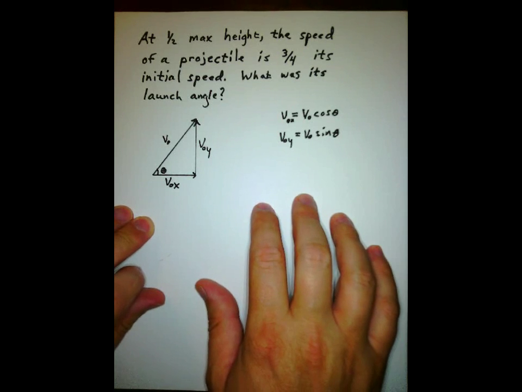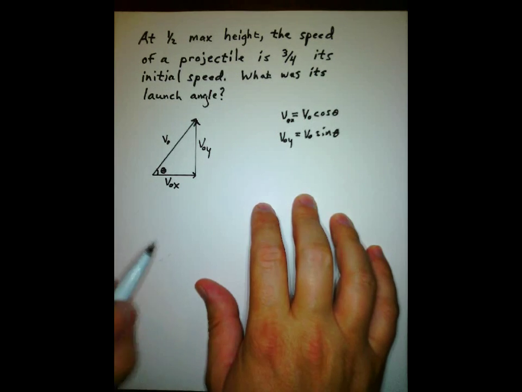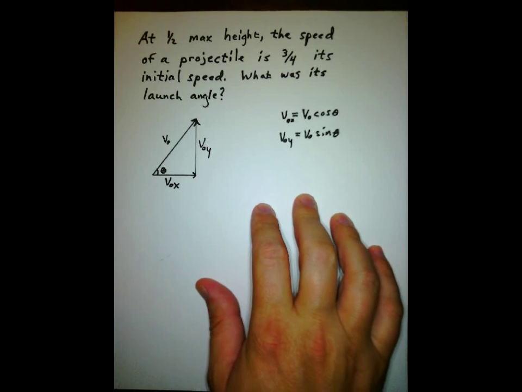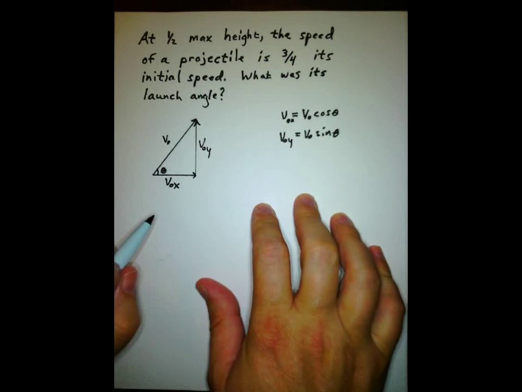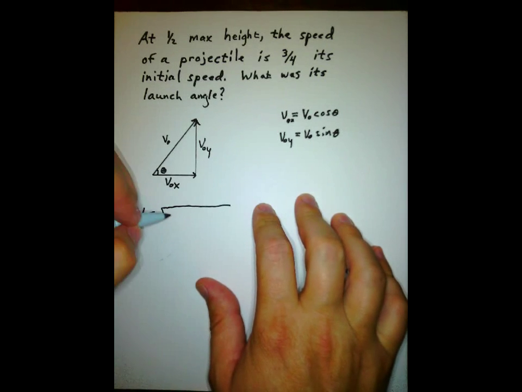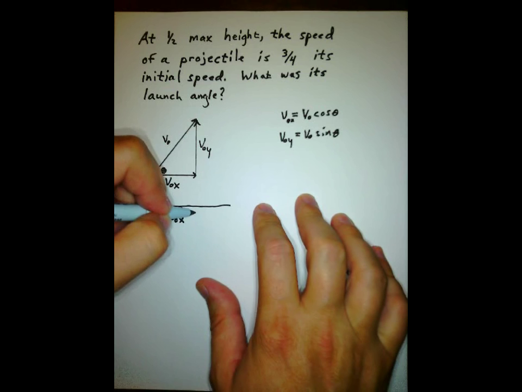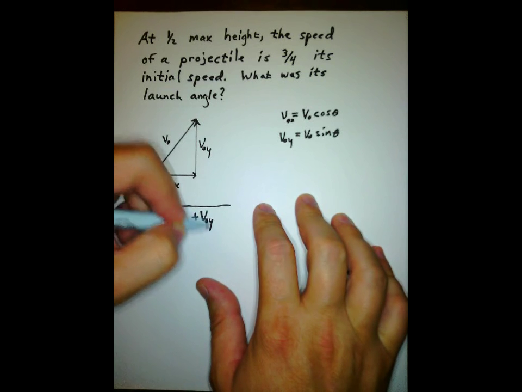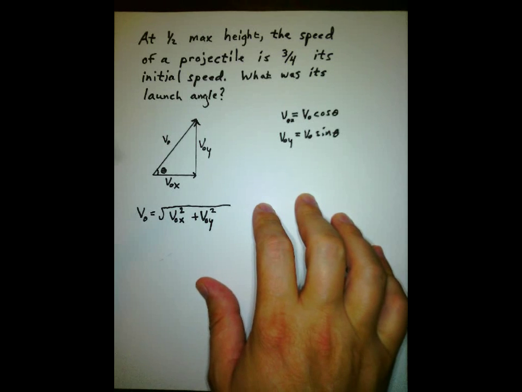I'm going to do something right now that's going to be handy later. It's really not necessary for solving this problem, but if they had given us these components instead of the velocity vector, then we would say that v naught equals the square root of v naught x quantity squared plus v naught y quantity squared.